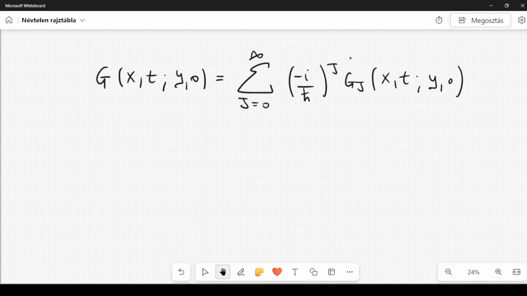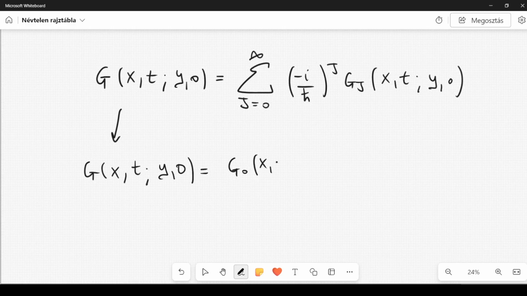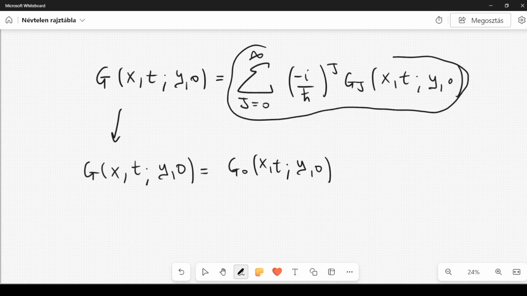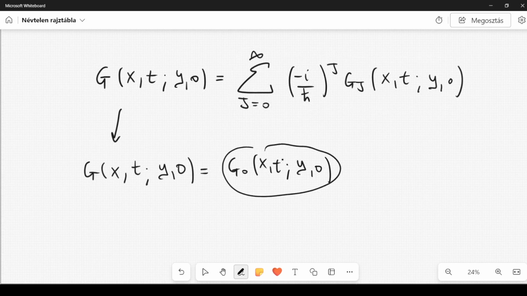starting from the path integral formulation, and it is quite straightforward to write down also the following equation for G of x, t, y, 0. It should be equal to G0 of x, t, y, 0, which is also the first term that you have in this expansion. So if you set j equal to 0, you basically get this.